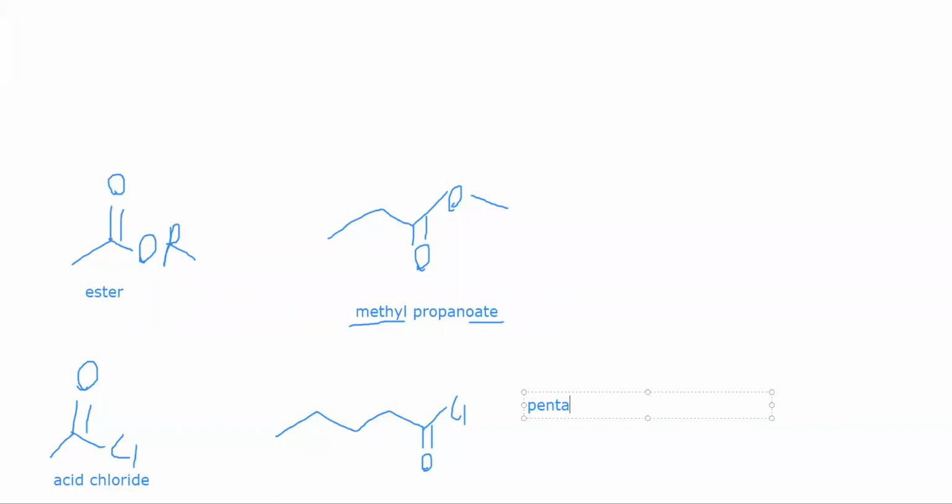And then the ending is oyl chloride. So this is the part that came from the functional group, the oyl chloride ending. And the pent just came from the 5 carbons.